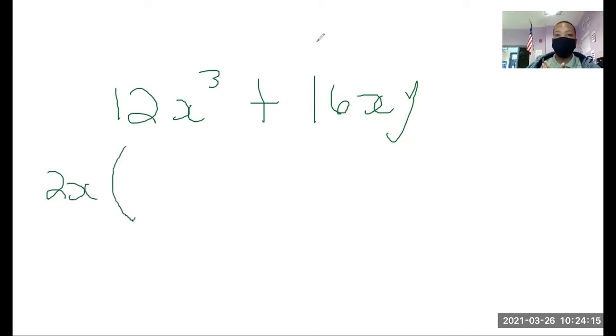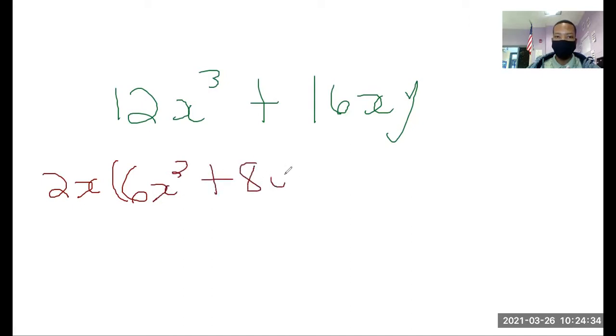So if I'm writing that out, I'm going to use a different color. 2x, comma, then 6, because 2 times 6 would give me the 12, and then x squared plus 8y. That would give me what's up here. But I could also get another greatest common factor from this.